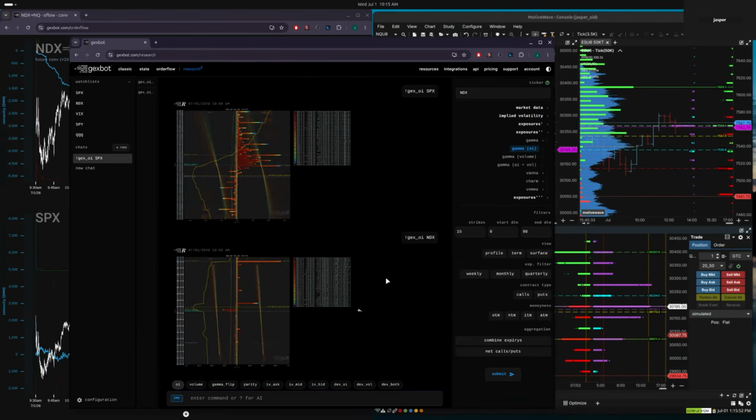But I think the biggest expansion in terms of use case for research is that you can query this information for any ticker. This is not limited to the index or even the S&P 500. This is quite literally the full universe of optionable tickers that you can do research on.